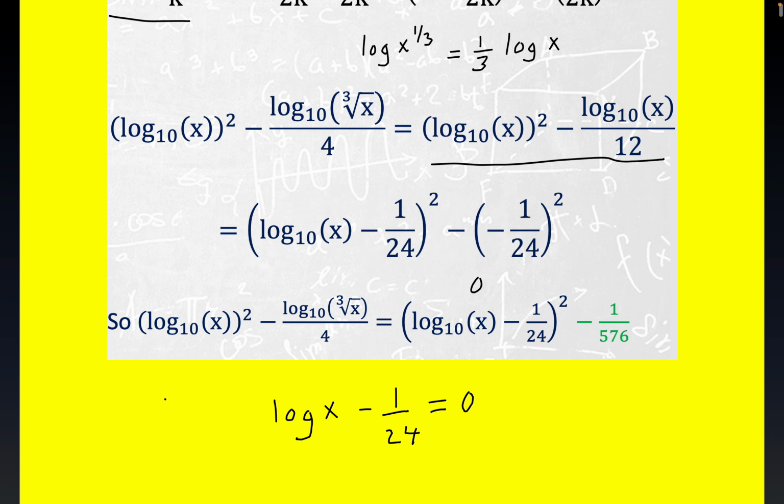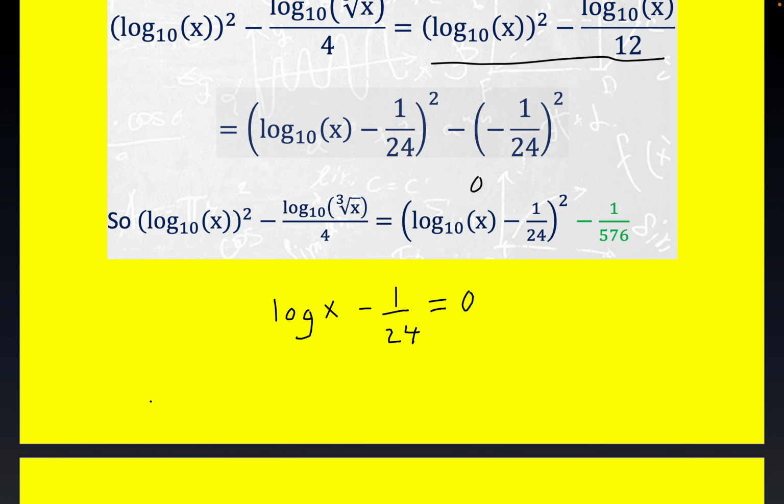Now, that's equivalent to saying log base 10 of x is equal to 1 over 24. And of course, folks, every logarithmic statement is just an exponential statement in drag. So you can write this as x is equal to 10 to the 1/24.